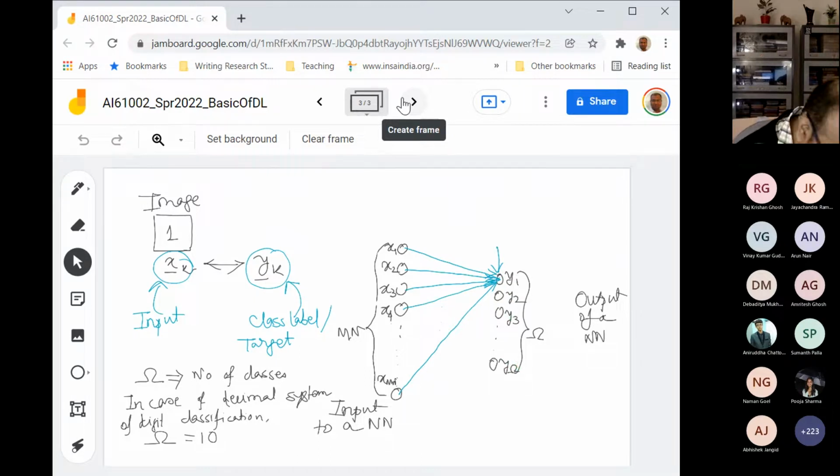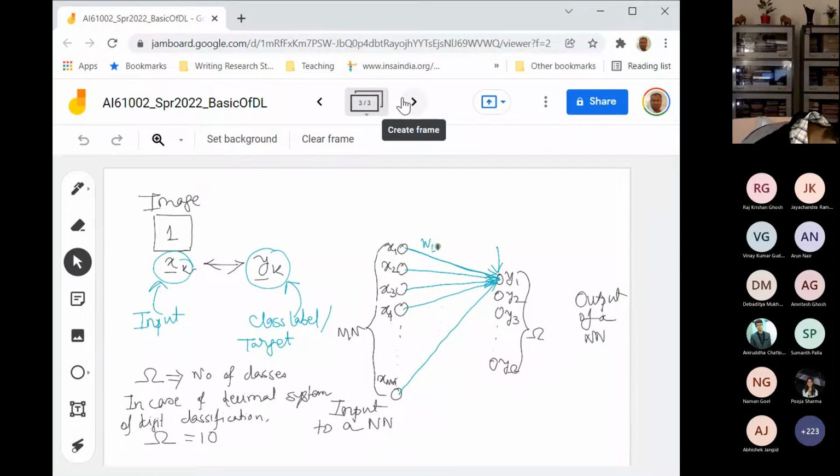Now, how do I represent this link which I have connected over here? This particular link has a certain weight or an importance which it assigns. This importance or weight is written as W1,1.